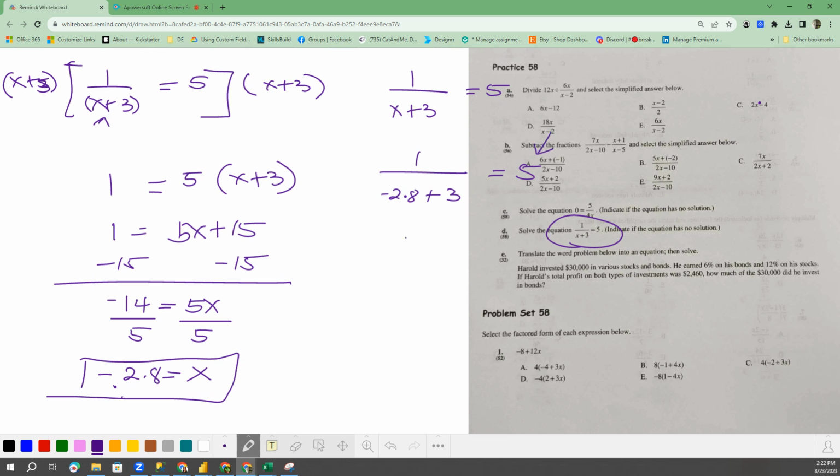Okay, let's solve this. 1 over negative 2.8 plus 3, that's going to be 0.2 equals 5. Now you do this in your calculator, 1 divided by 0.2. Is this equal to 5? If it is equal to 5, then therefore this answer is correct. If this one here says error, then that means you have no solution.